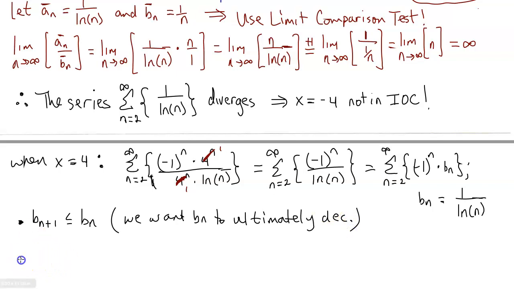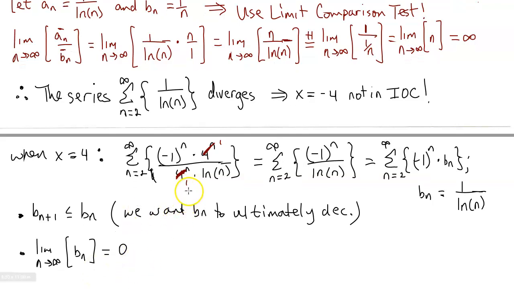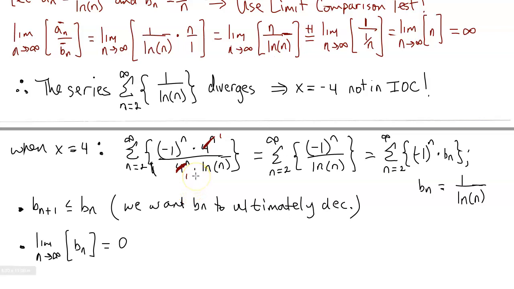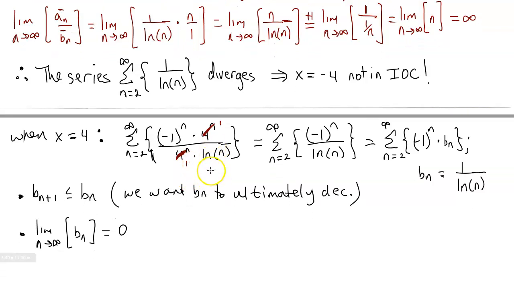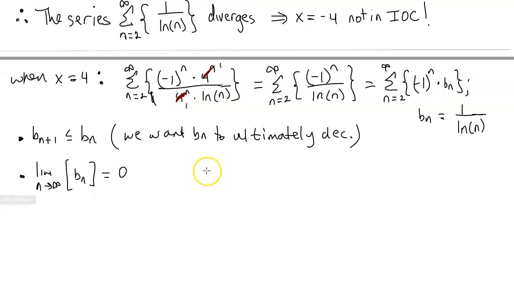Okay. The second thing that we need to do is figure out, does the limit as n approaches infinity of b sub n go to 0? If both of these conditions are met, then we know that our alternating series will converge conditionally based upon the alternating series test. Okay.